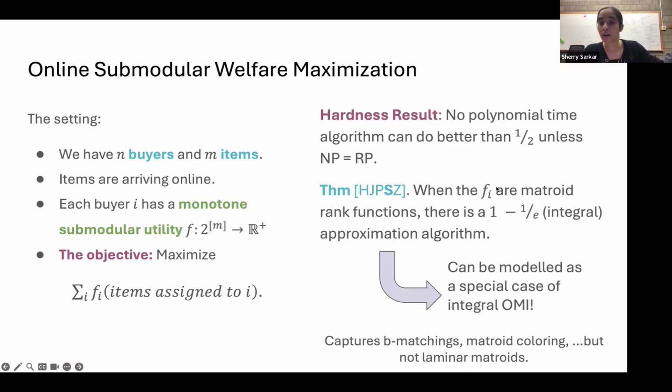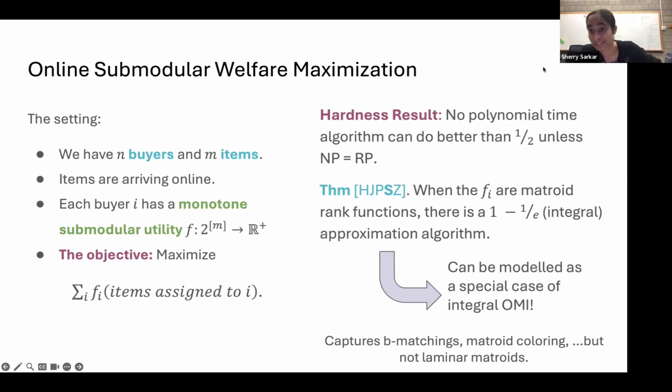When the f_i are matroid rank functions, it then becomes a special case of our problem. And then we have a 1 minus 1 over E integral approximation algorithm. And so what we've done is we've created this sort of separation between submodular utility and matroidal utility. Our paper can solve and beat half if you have matroid utilities, which is a special case of submodular.